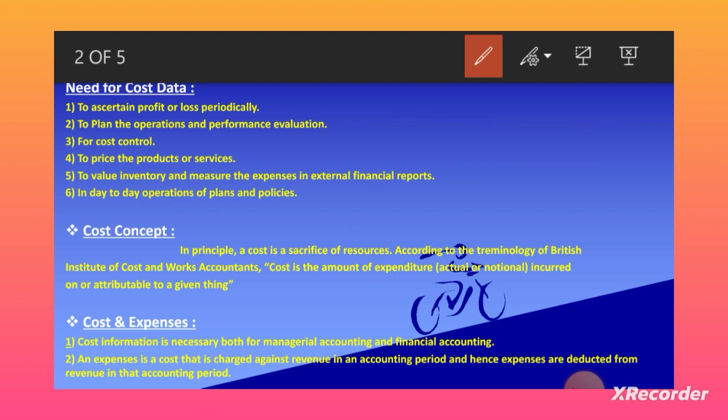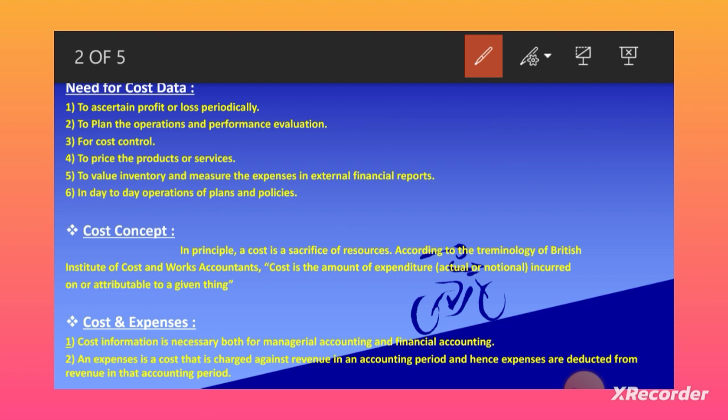In principle, a cost is a sacrifice of resources. According to the terminology of the British Institute of Cost and Works Accountants, cost is the amount of expenditure, actual or notional, incurred on or attributable to a given thing.